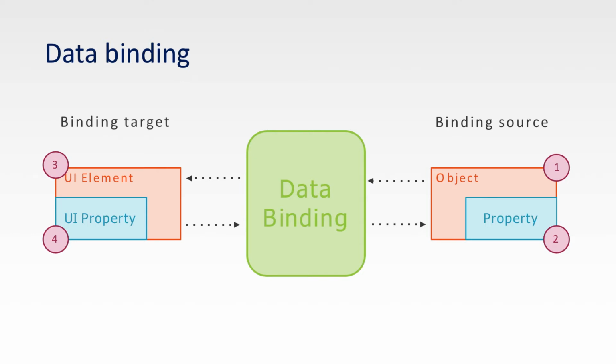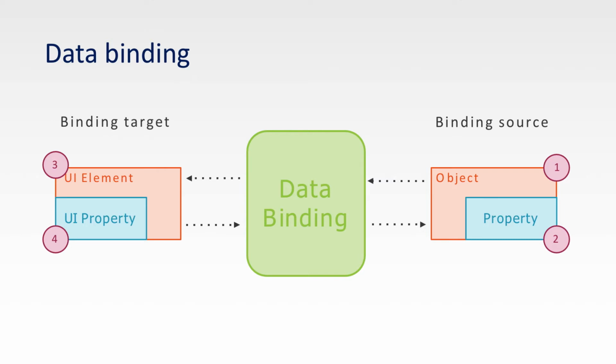And this record can be bound to the binding target, which is a UI element that has a property. For instance, if we have a UI element which is a label and it has a text property, we can bind these together. So the first name can be bound to the label's text property.